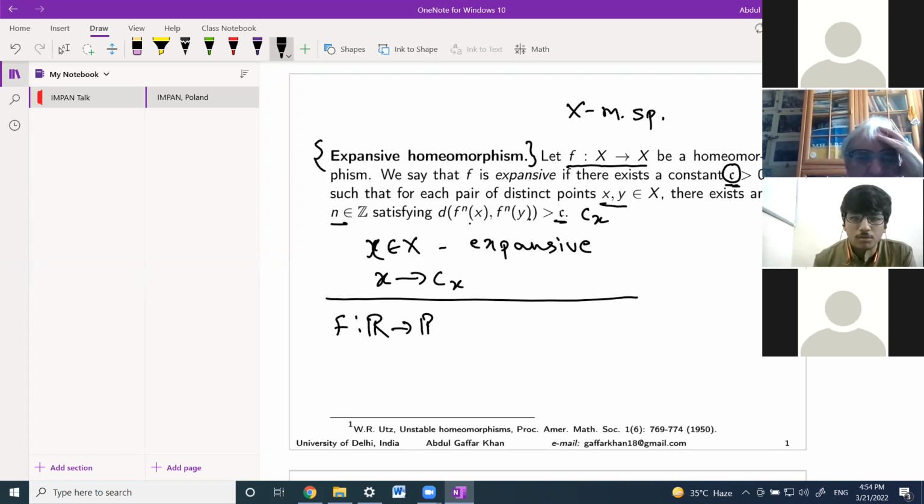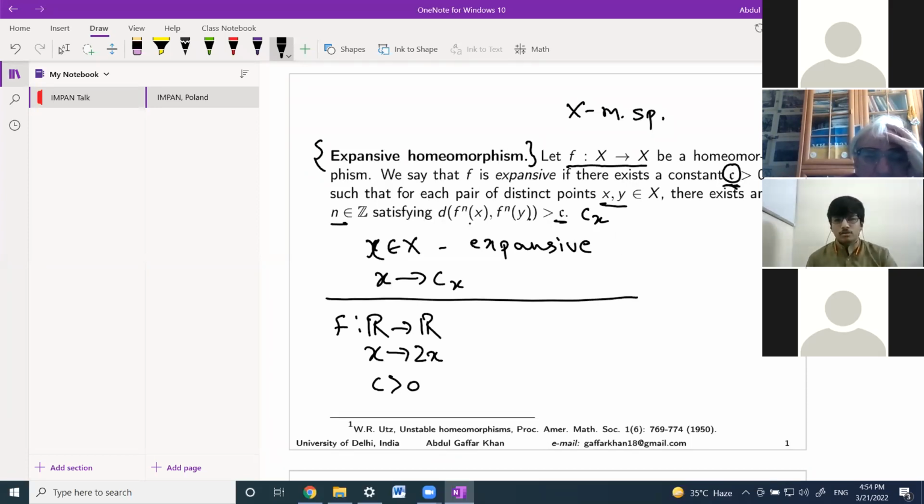Take a homeomorphism from R to R that sends x to 2x. This will be an expansive homeomorphism, and the constant C required here is any positive real number. You can choose any positive real number; the orbits of two distinct points will be C distance apart.